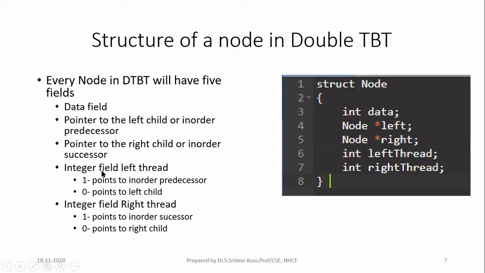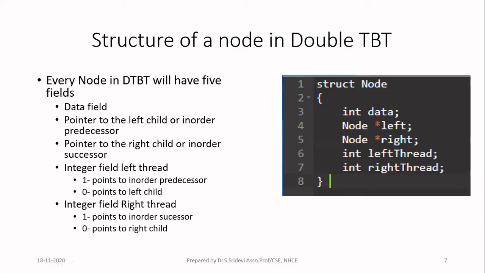One is the integer field left thread. It can have either the value 1 or 0. If it is 1, it means that the pointer is pointing to the in-order predecessor. That means it is a thread, not a normal child link. If that value is 0, it indicates that it is a normal pointer to the child node.